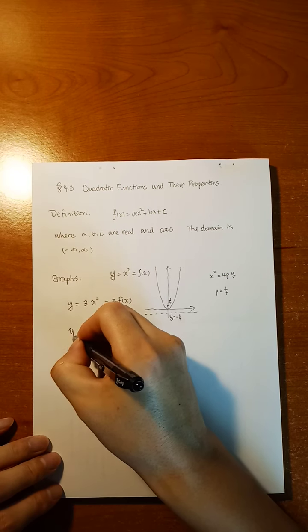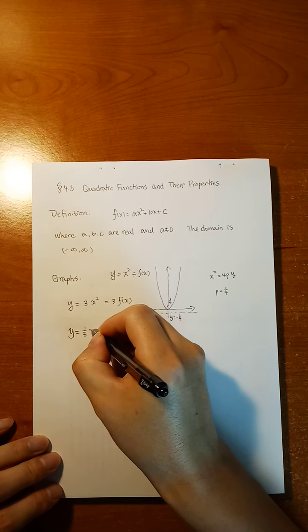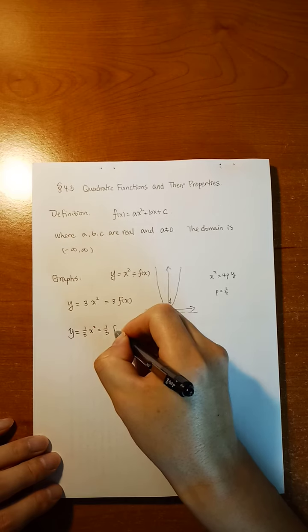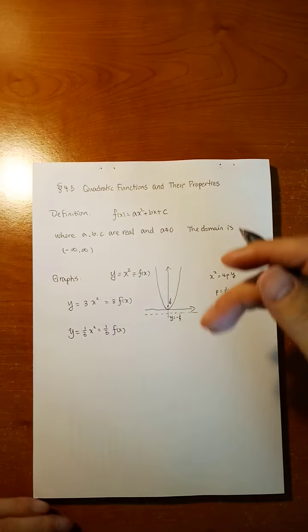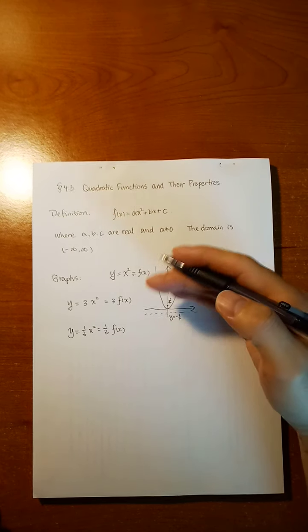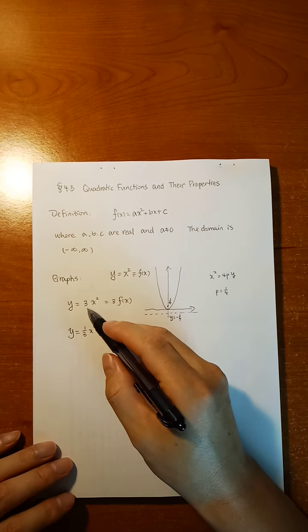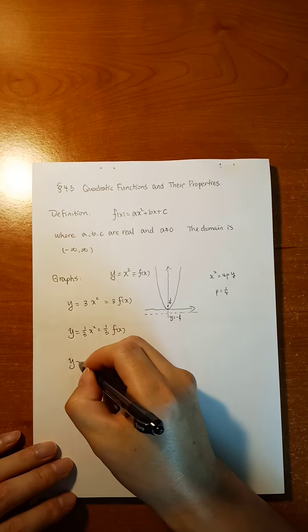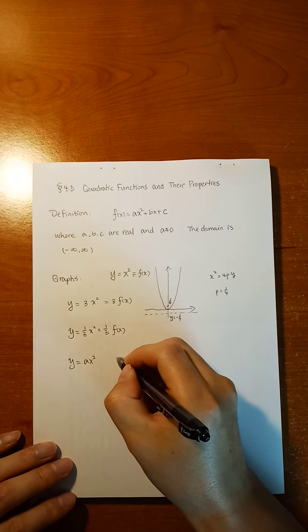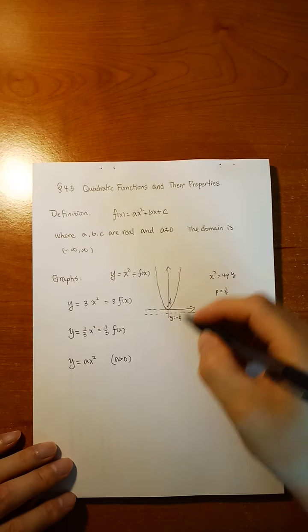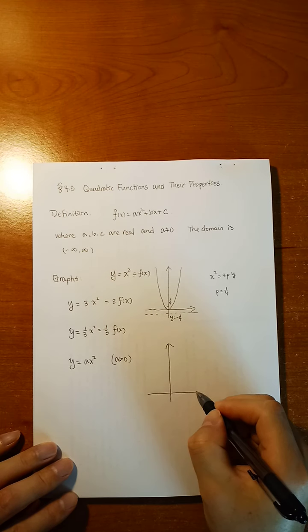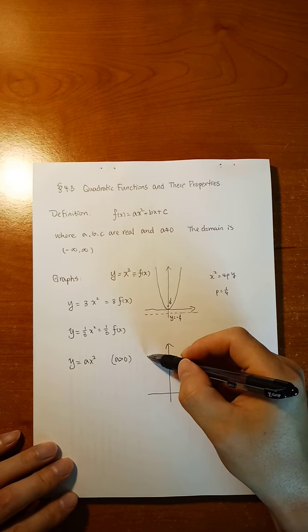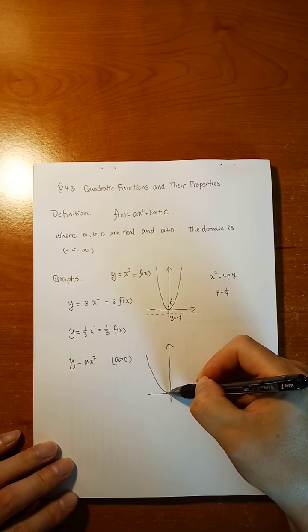If you have 1/3 x squared, which is 1/3 f(x), you're going to vertically compress the graph. So either way, the graph of y equal to ax squared, where a is greater than 0, is a vertical stretch or compressed version. So it is more or less like this.